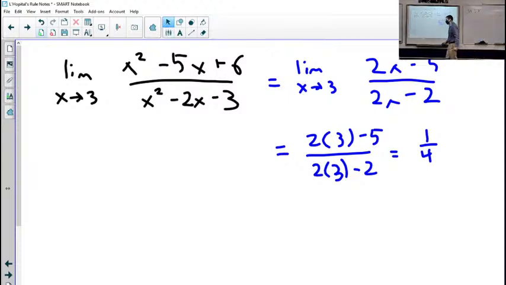So this is another tool that we have to take limits. There are some problems where, yes, we can do our factoring and canceling, but we can also use this rule as another way that we can take this limit.